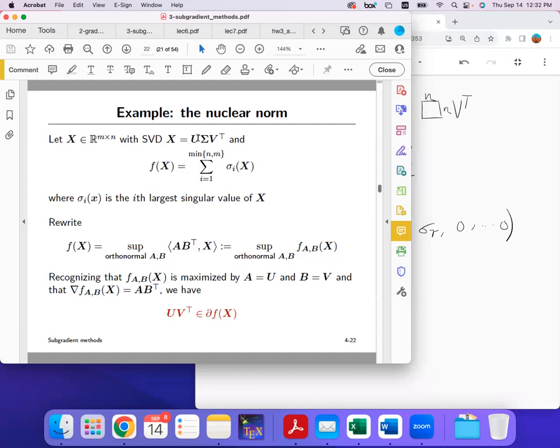So the nuclear norm can be characterized in this way. And we can check that the supremum is achieved by choosing A equal to U and B equal to V in the SVD form of X. If X has that SVD, then this supremum is achieved by these two choices.